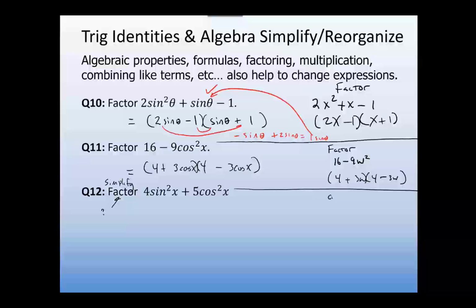But we have this Pythagorean identity. Cosine squared x plus sine squared x equals 1. If I want this problem to be only sine, I could minus the cosine. It's not theta, it's x, on both sides.